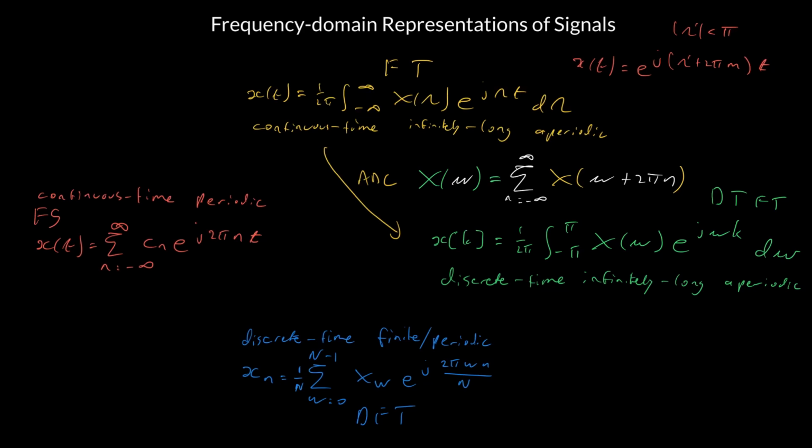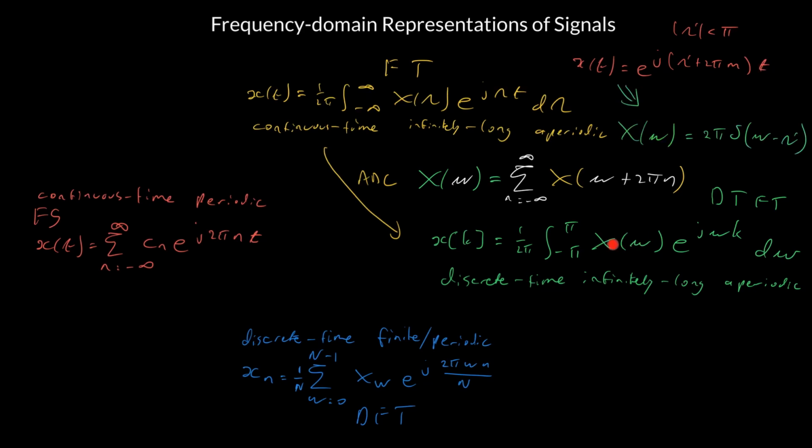So the way we have to get to our sample points x of k is by using other frequency components, frequencies between minus pi to pi. Now, just by inspection, we actually see that at integer samples, when t is an integer, e to the j 2 pi m t is always equal to 1, which means that we can just cross out this term, and in this representation here, we can just use the fundamental frequency e to the j omega t.